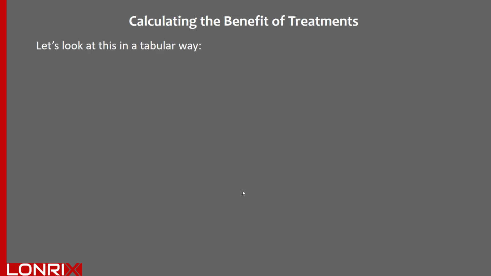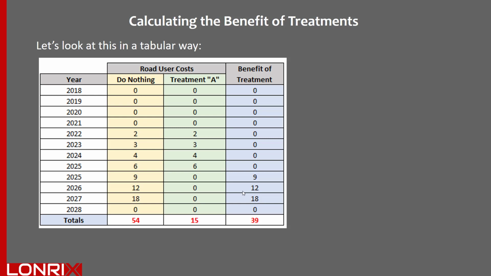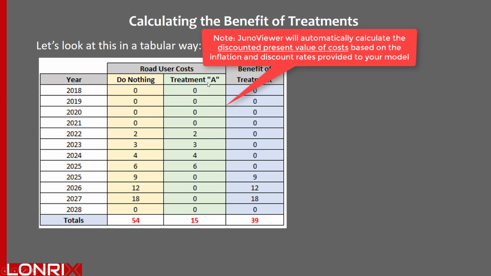Let's look at this in a tabular way. Here I have tabulated the annualized cost for doing nothing, and you can see it steadily increases over time because of the deteriorating road condition, versus the case of doing treatment A in 2025.